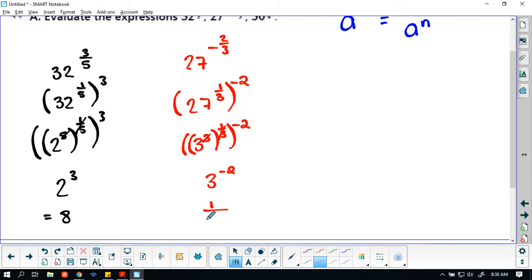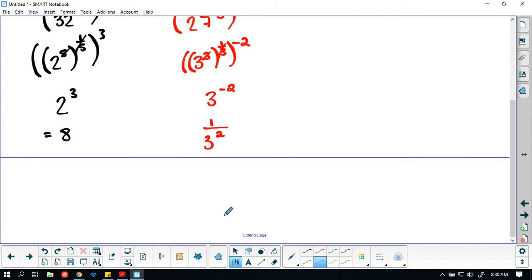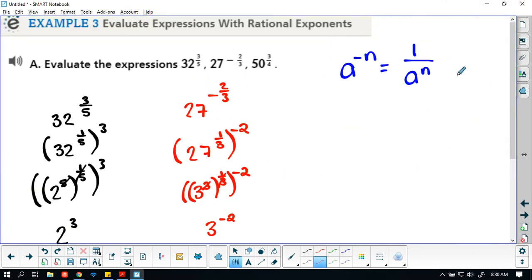To make that positive, I take the reciprocal. And 3 squared is 9, so the answer is 1 over 9. So I would write this exponential property into your notebooks, because I'm sure if it showed up now, it's already understood that you knew this before. So if you did not know this before, make sure this gets into your notebook.